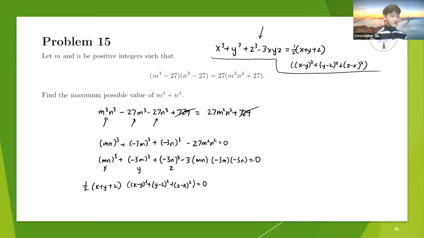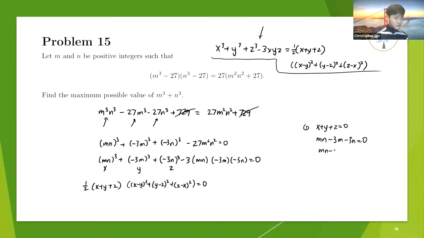And so in order for this thing to be 0, one of our two non-constant factors must be 0. So we have two cases. Our first case is if x plus y plus z is 0. And we see that this means that if we substitute back the numbers that x, y, and z represent into this equation, we would have mn minus 3m minus 3n is equal to 0.